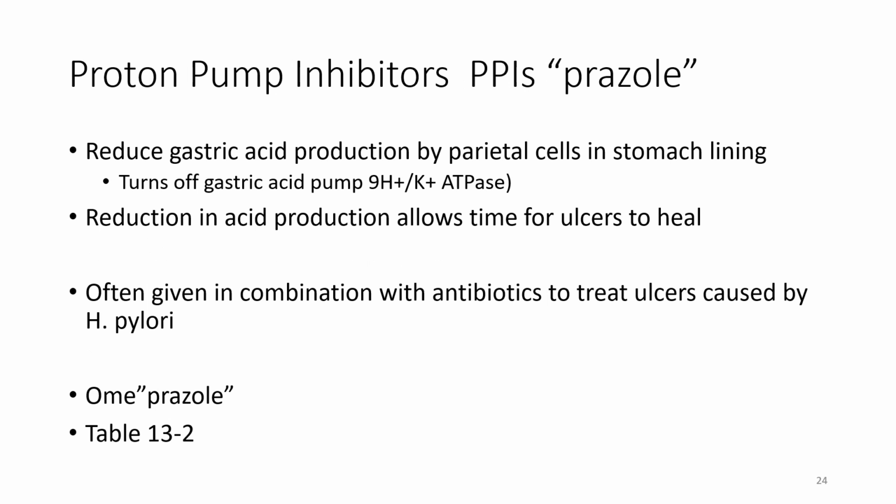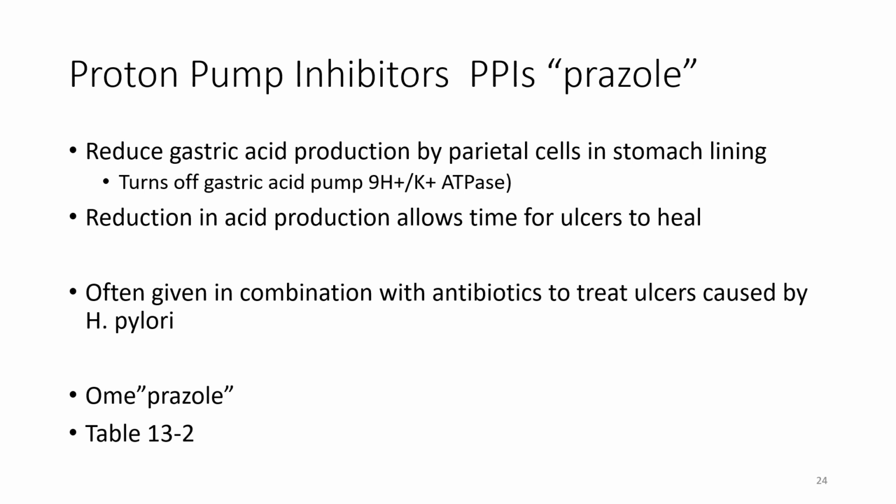So our proton pump inhibitors, or PPIs, are going to be your prazoles, your omeprazoles, your pantoprazoles, and your esomeprazoles. Okay, so those are the ones that we're talking about when we talk about proton pump inhibitors.